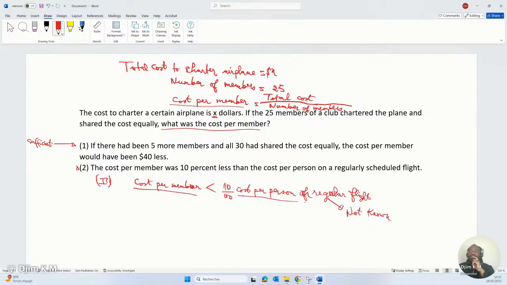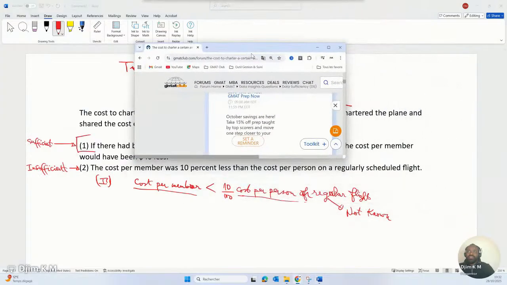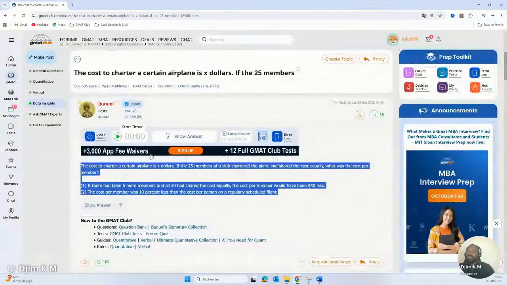Okay, so the first condition is sufficient. So in my opinion, the first condition alone is sufficient. So maybe answer A. So let's check and see if that's the correct one.